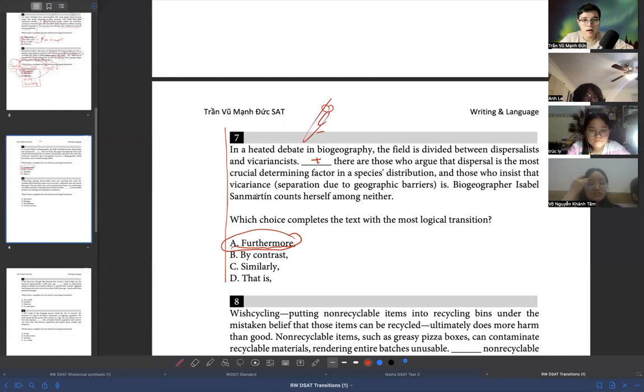So what is the first one that you're going to cross out? By contrast. Exactly. By contrast will be the first one you cross out because it is minus. Next up is furthermore. If I put furthermore in the middle of two sentences, what will be the relationship between these two?